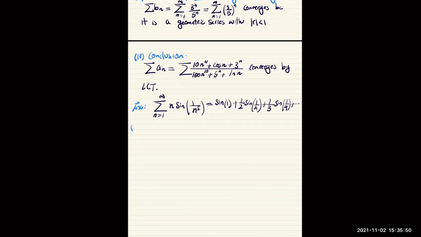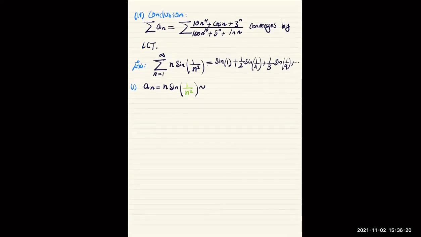Okay, so here are the steps. Our sequence a sub n is this whole thing, n sine 1 over n squared. We know that this thing is asymptotically the same as, let me just do it step by step.